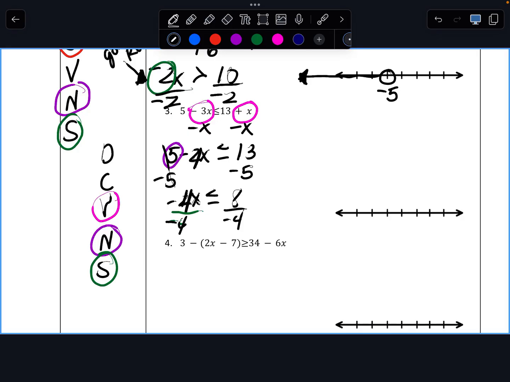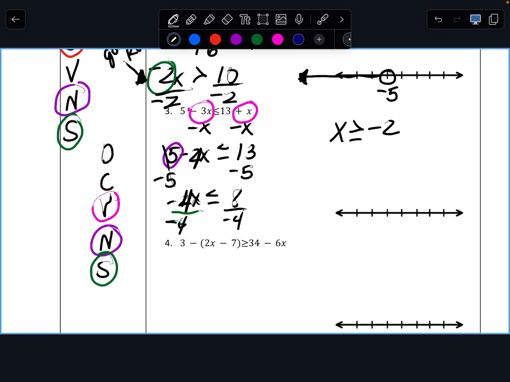Now, golden rule of inequalities say I must flip that sign. So x is greater than or equal to -2. Okay? X is greater than or equal to -2.